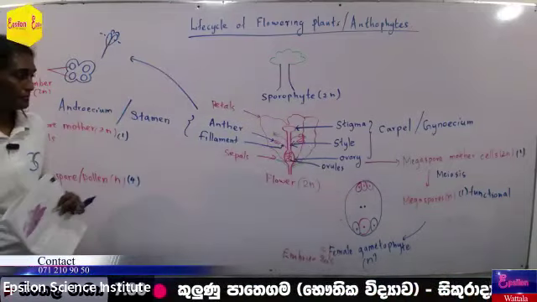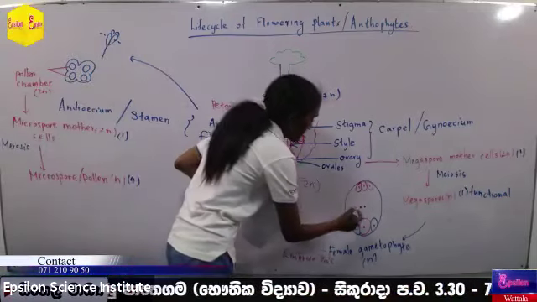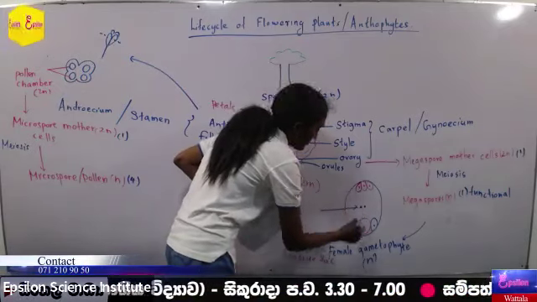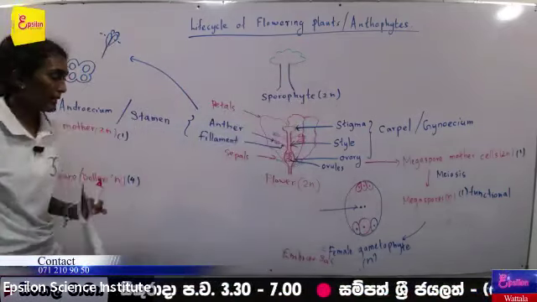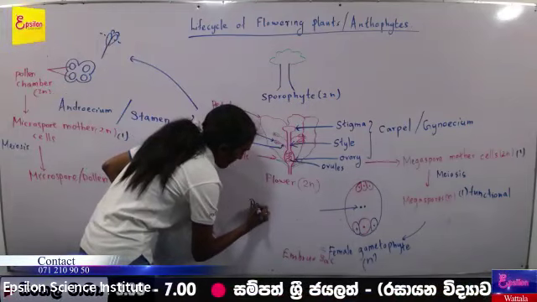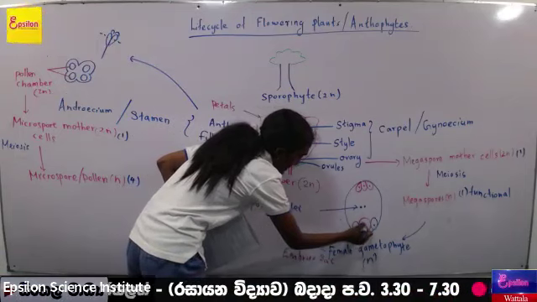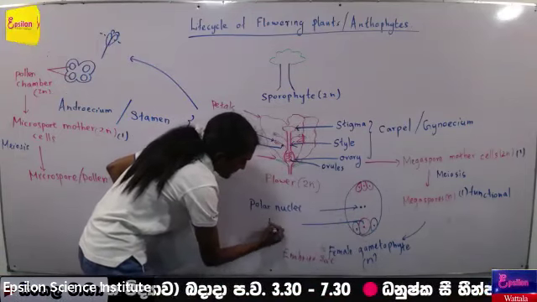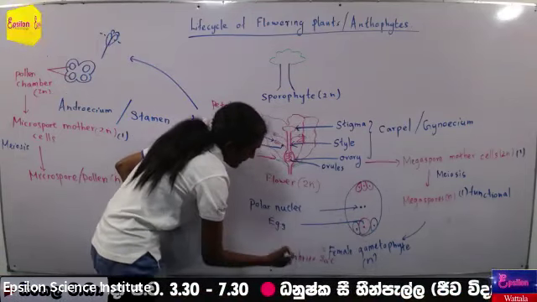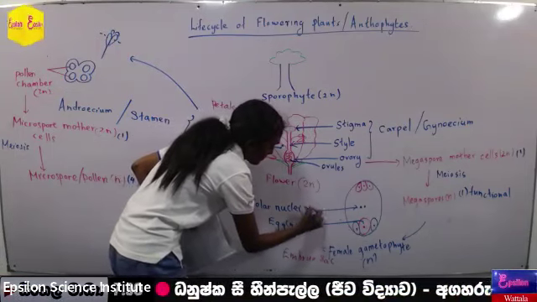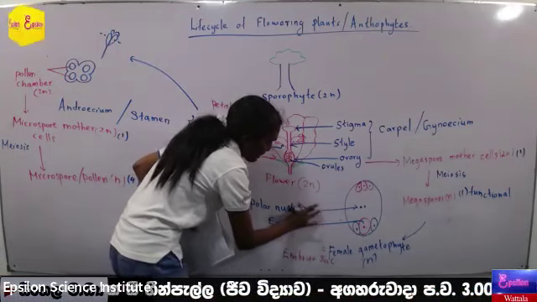Got it? I didn't label this. What are these nuclei? Polar nuclei. What is this structure? Egg cell. Right? This is haploid, N plus N is there, okay?